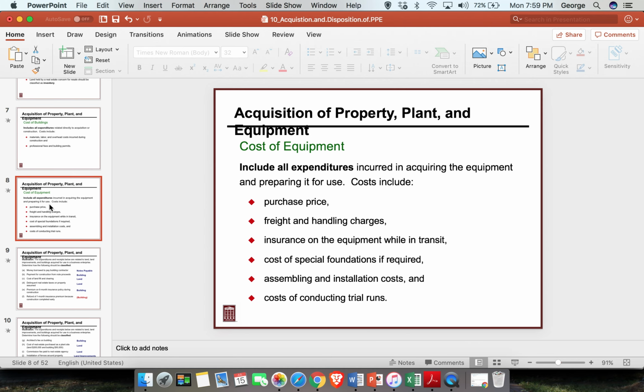For equipment, any costs in acquiring the equipment, so purchase price, along with costs in preparing it for use in the business. So those include price, freight, handling, insurance, any costs of, say, special foundations, assembling and installation costs, and costs of conducting trial runs. All those would be capitalized as part of the asset.